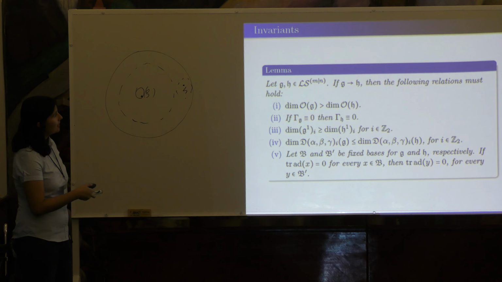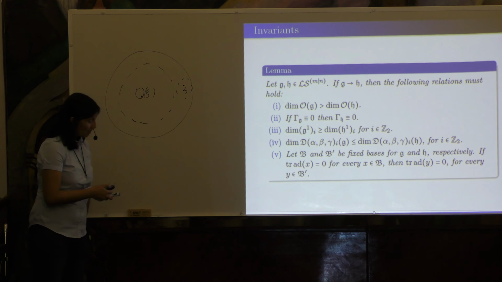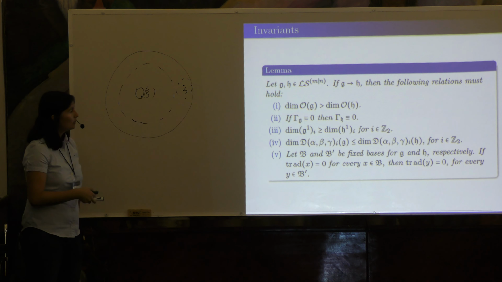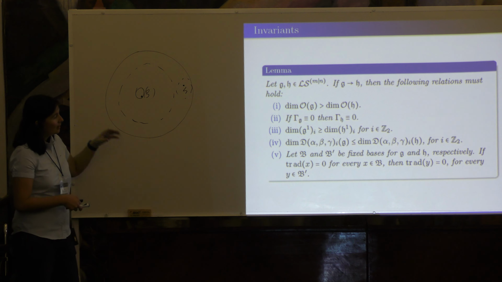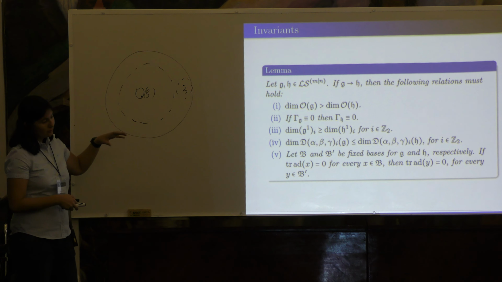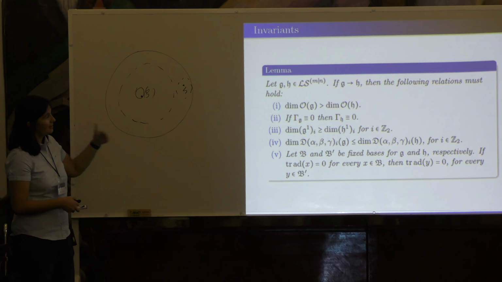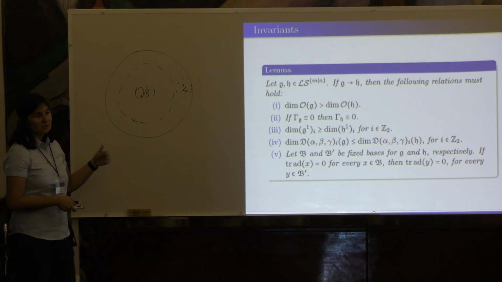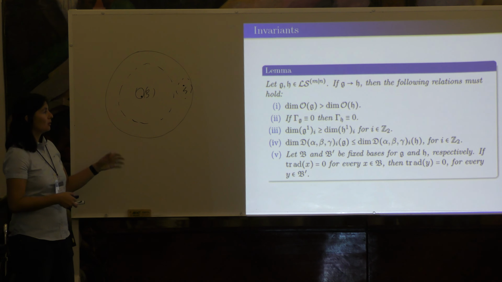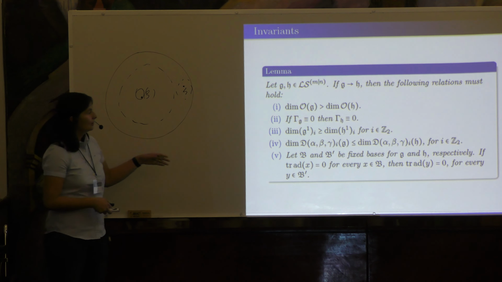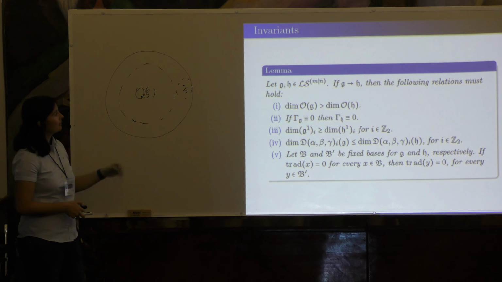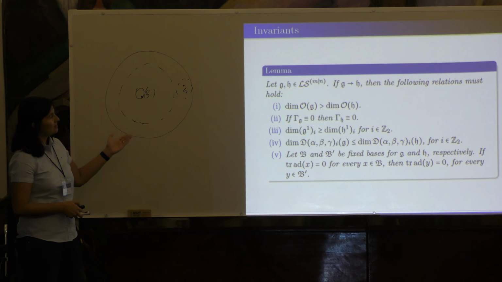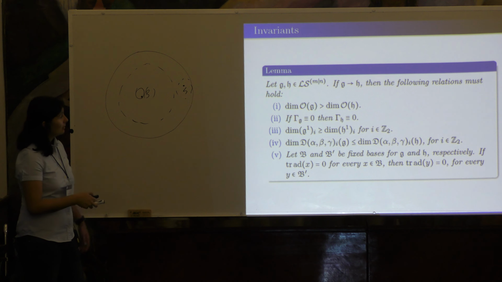What were the invariants that we used? You choose different sets which you prove are closed, and since they are closed, you get some relations that a degeneration must satisfy.